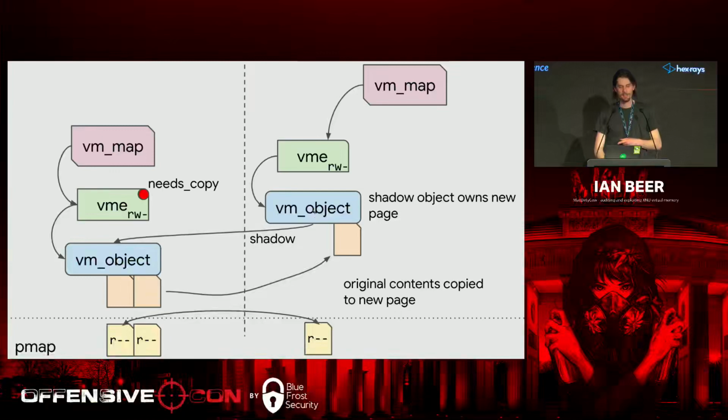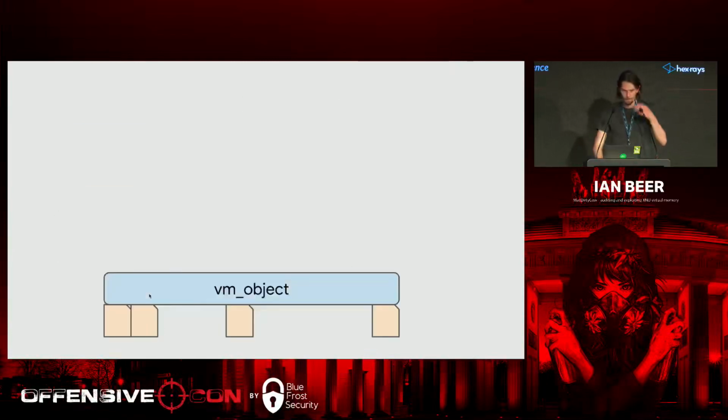Instead, we can say that this upper object now shadows the lower object over here. So any read access can simply follow the shadow pointer chain down to here and continue to simply manipulate page tables, whereas any write access will, again, need to perform this same copy. In this case, we then get a new page table entry representing this newly allocated page, which contained a copy of the contents of this VM page over here.